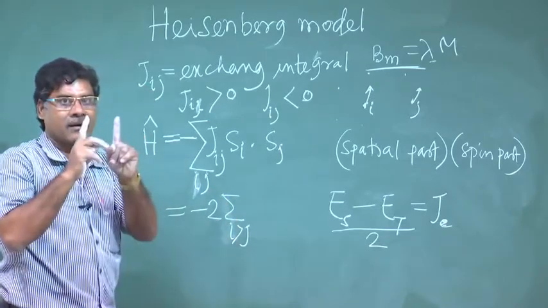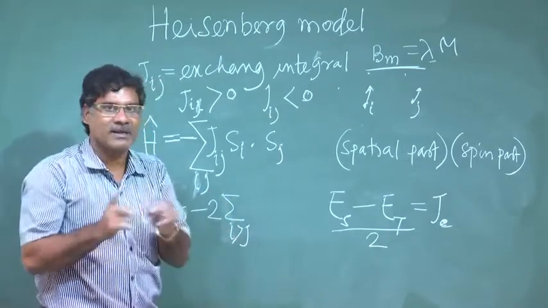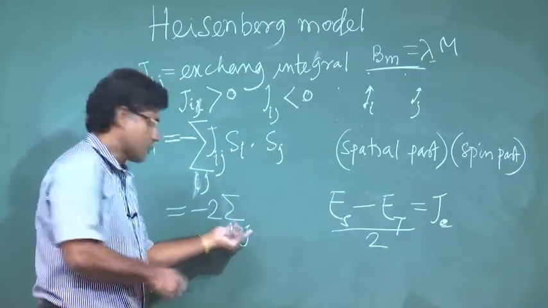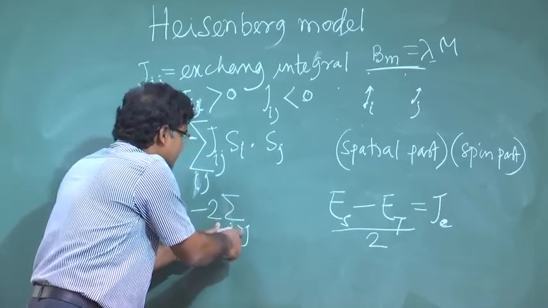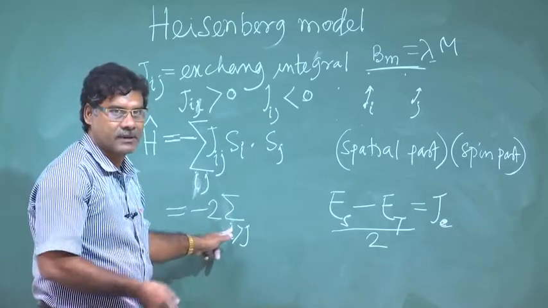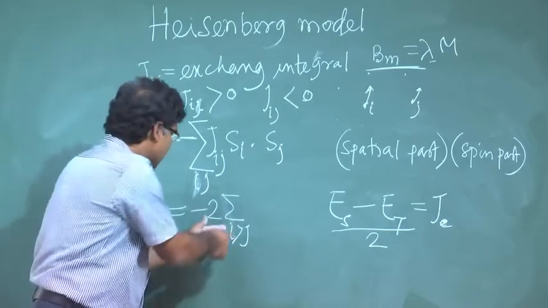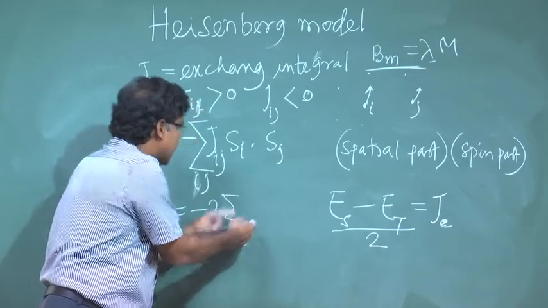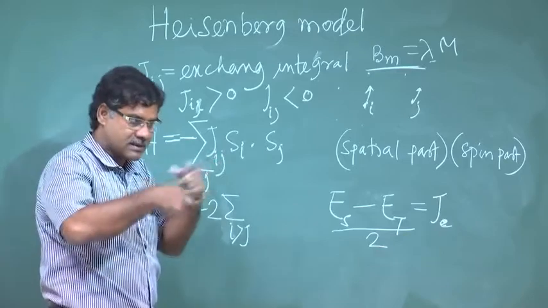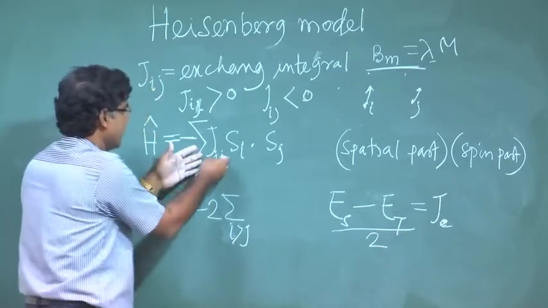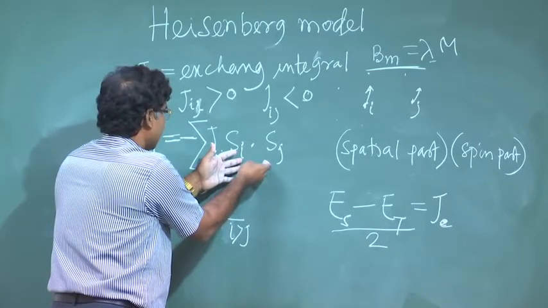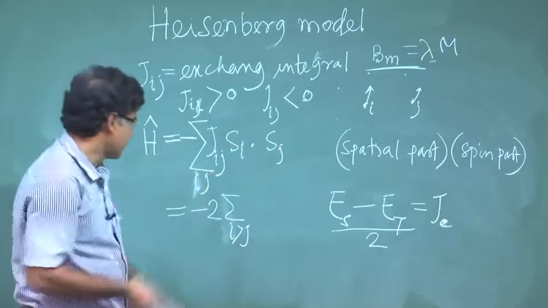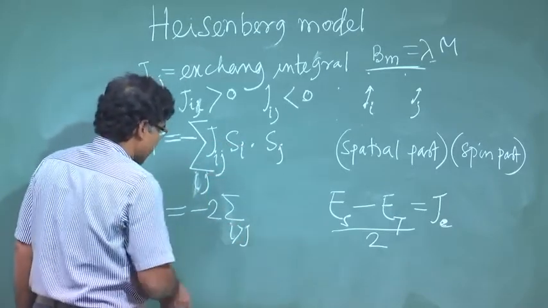Now this I and j cannot be exchanged. Whenever I is 1, j has to be 2, 3, 4, 5. Otherwise, whenever I equals 1, j can also be 1. So the double counting that was coming here, by taking the 2 we have considered that exchange between I and j.